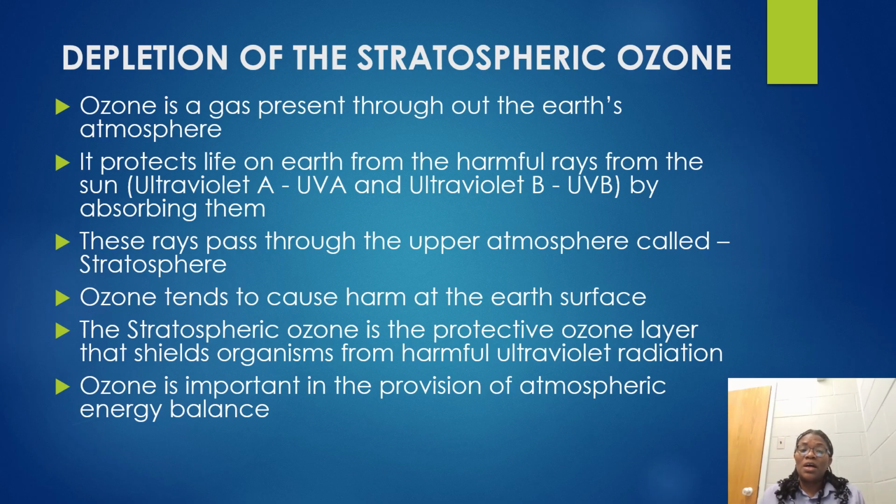So the stratospheric ozone is the protective ozone layer that shields the organisms from the harmful ultraviolet radiation. Ozone is also important in the balancing of the atmospheric energy. We're talking about the natural ozone now.